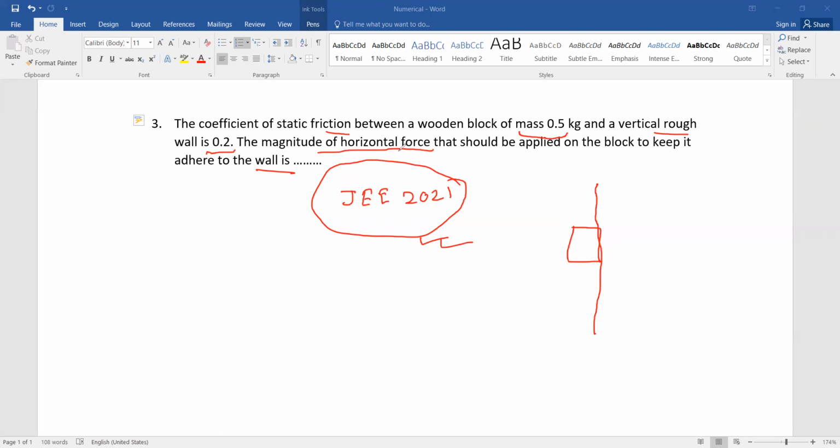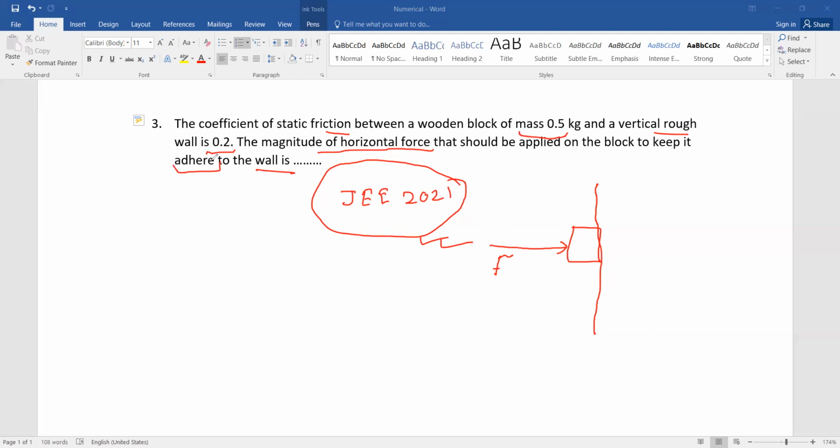So now what magnitude of horizontal force should be applied, suppose this is a horizontal force, represented by F? What would be the magnitude of this horizontal force F so that the block does not fall down, the block remains adhered to the wall?